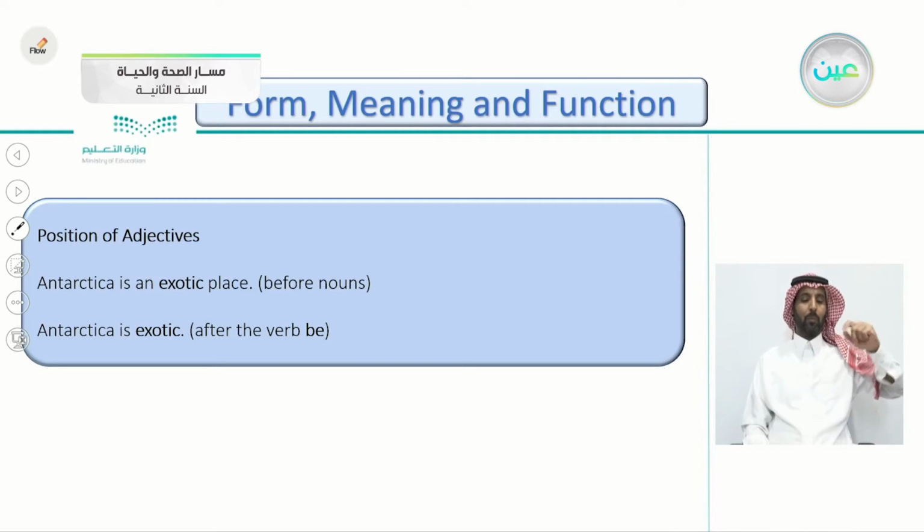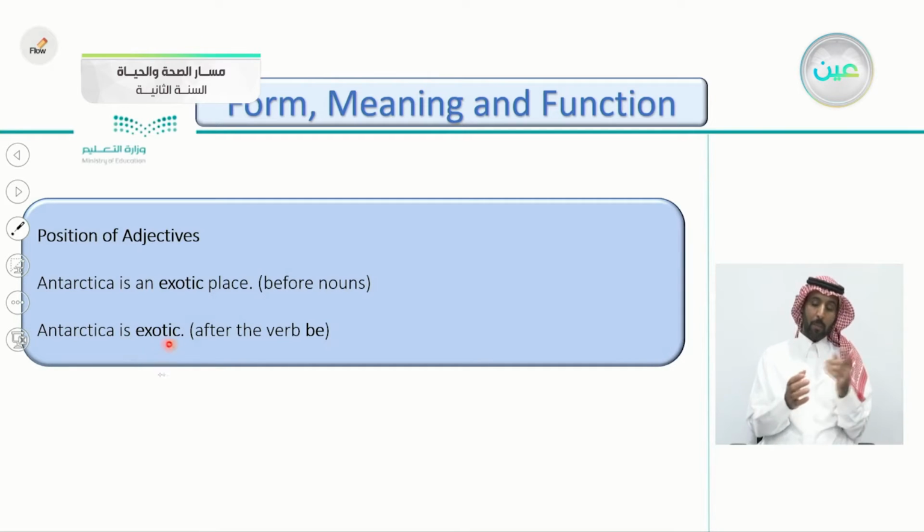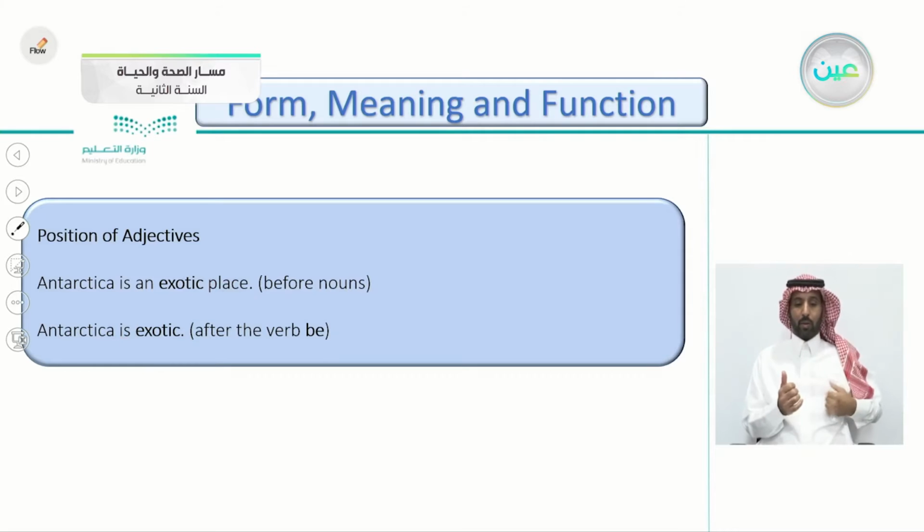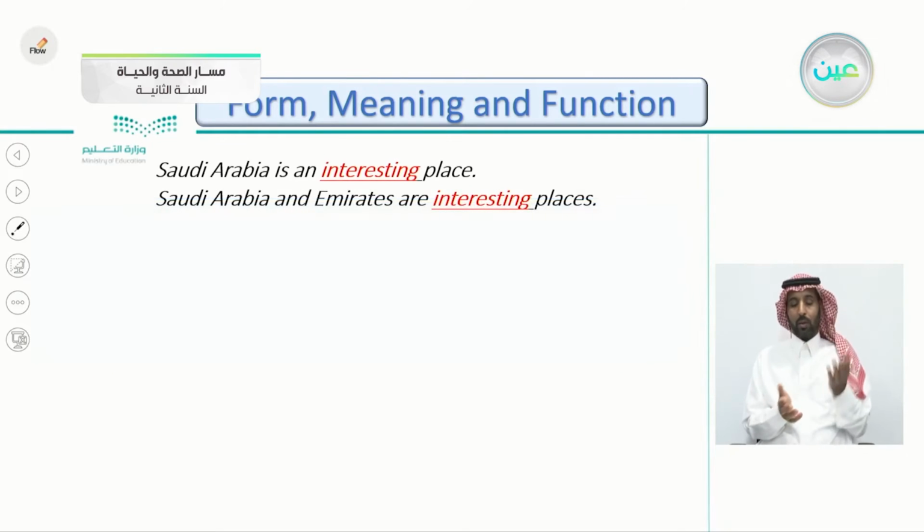Here it comes after the verb be. So we have two positions for the adjective. The first one is before the noun, and the second one is after the verb to be.